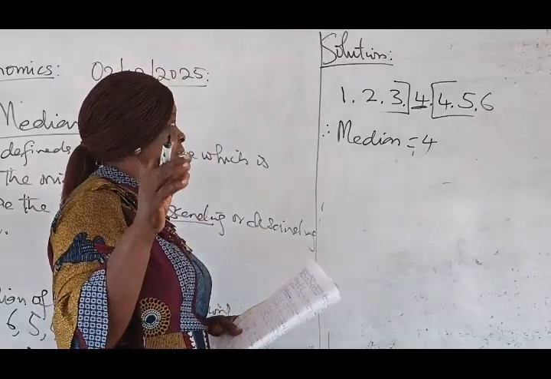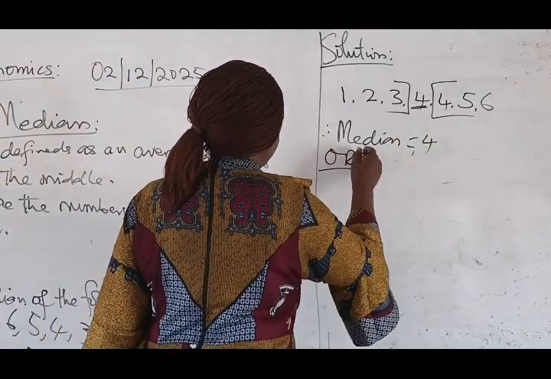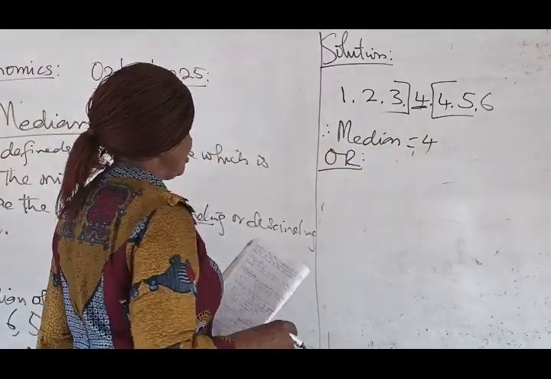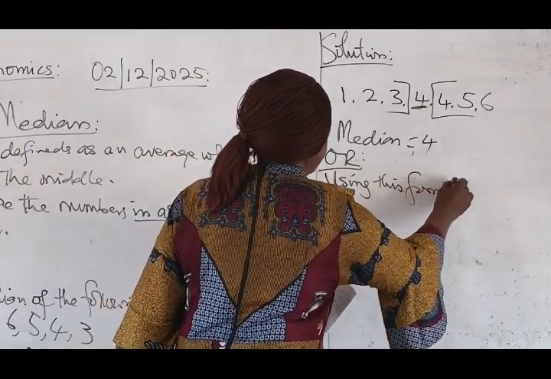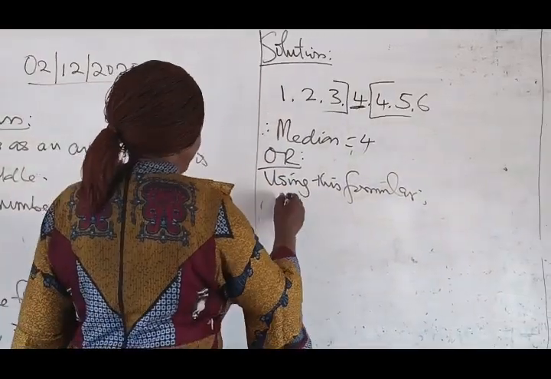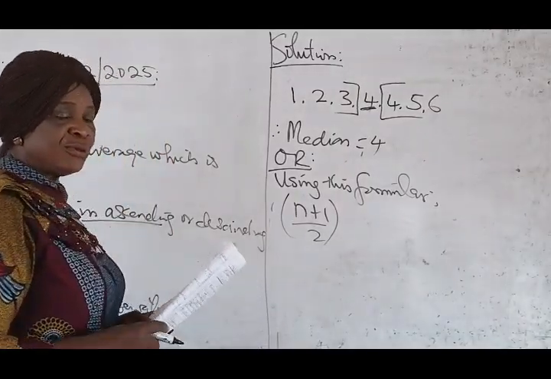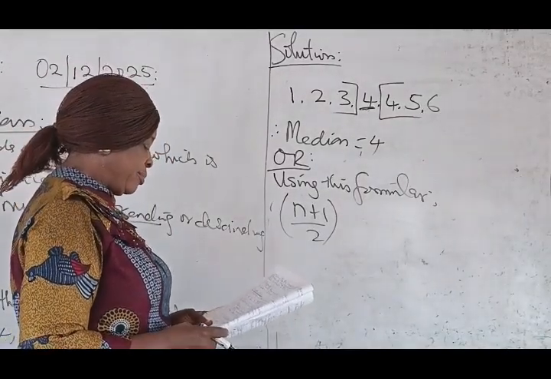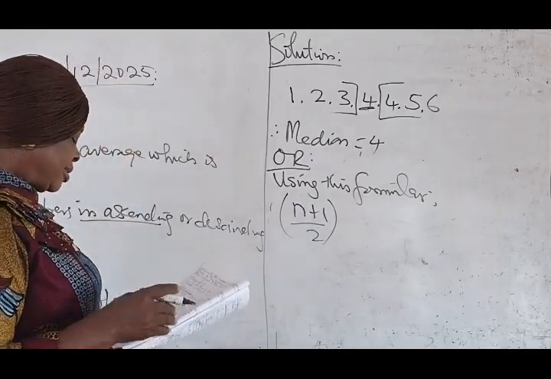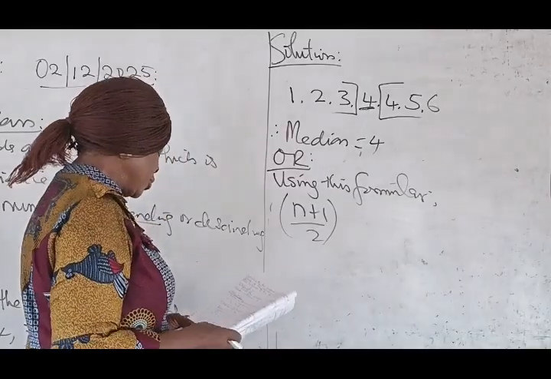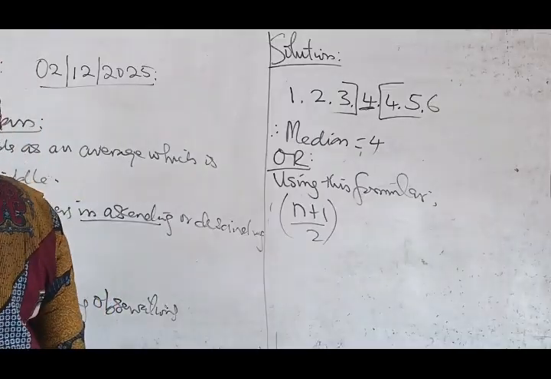Then there is another method you can use to determine the median, using a formula. What is the formula? n plus 1 over 2. This is another formula we can use to find the number in the middle. With this formula, we can determine the position of the median.